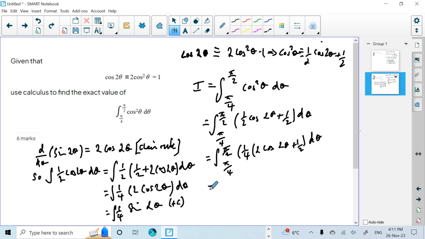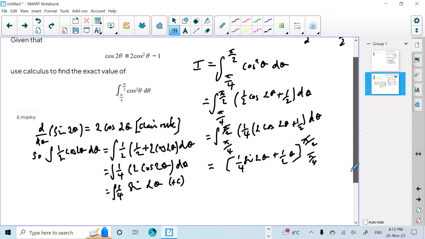Going on from that, we can put in our limits now, because we can integrate. That will give us 1/4 sine 2 theta plus a half theta, with the limits pi over 2 and pi over 4.